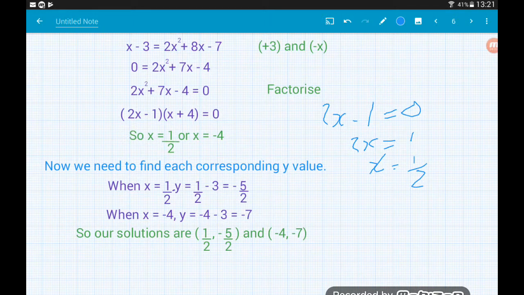Again, if you were playing with decimals, that's minus 2.5. And when x is minus 4, y is equal to minus 4 minus 3, which is minus 7. So there we go, we have our two solutions as coordinates. We've got (1/2, minus 5/2) and (minus 4, minus 7). Those are our two solutions to those two simultaneous equations.